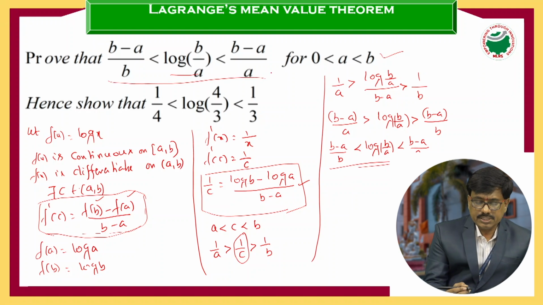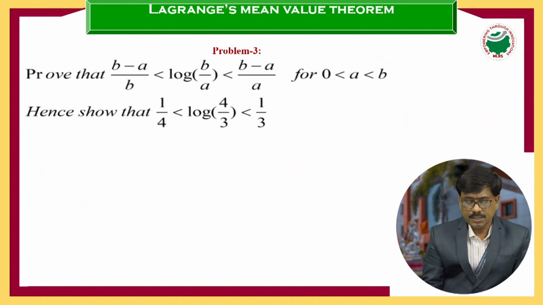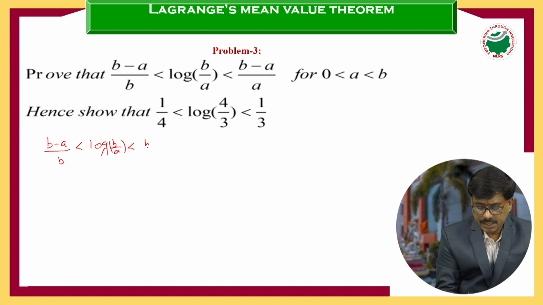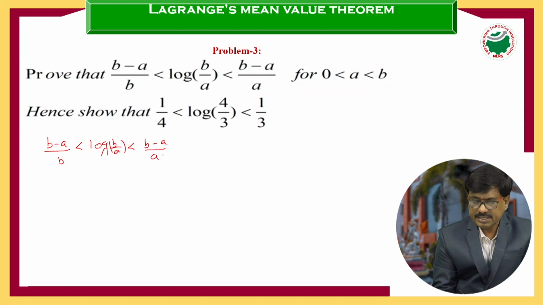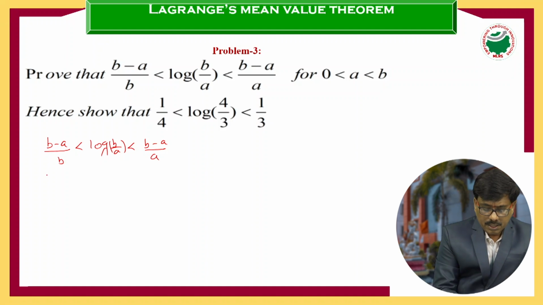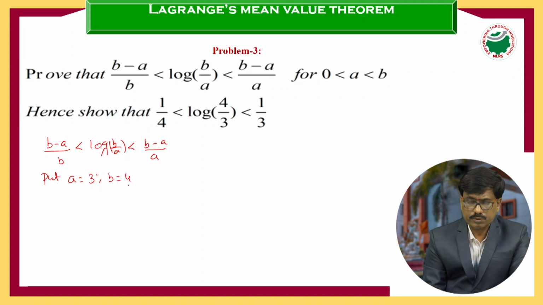Further, using this inequality, we need to show the given condition. Already we proved (b minus a) divided by b less than log of b by a less than (b minus a) divided by a. Now we need to substitute the a and b values. Put a equal to 3 and b equal to 4 in this inequality.